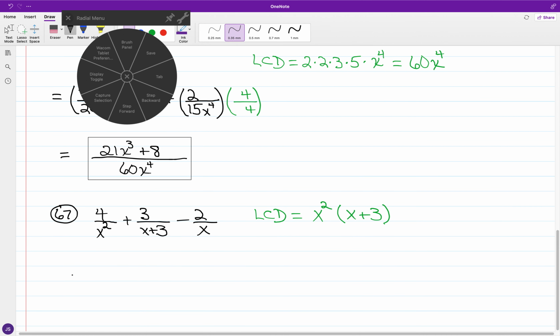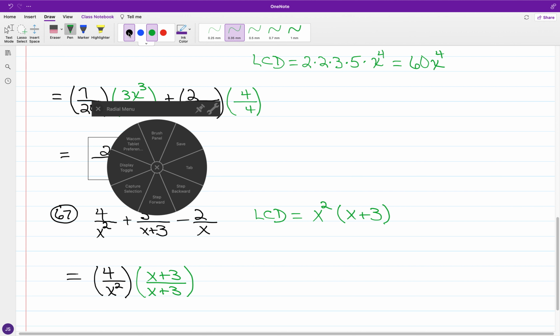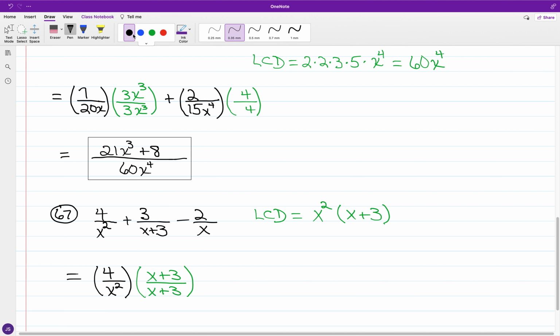And so setting things up, for 4 over x squared, we got x squared, and so we have x plus 3 left over. And we have plus 3 over x plus 3.